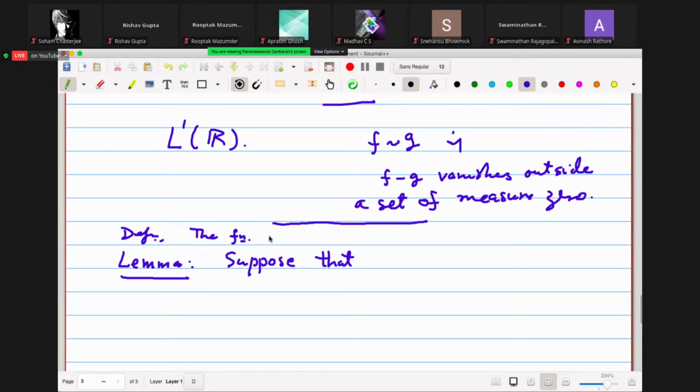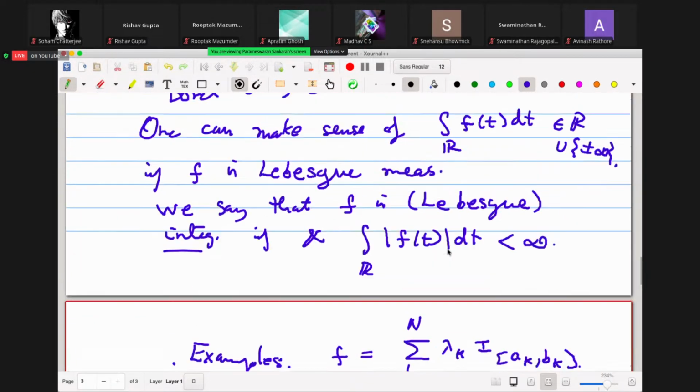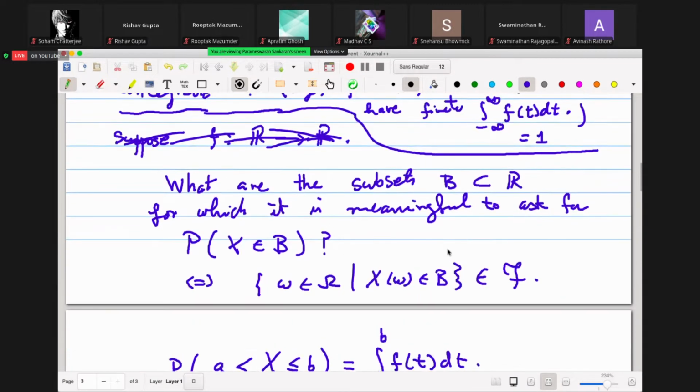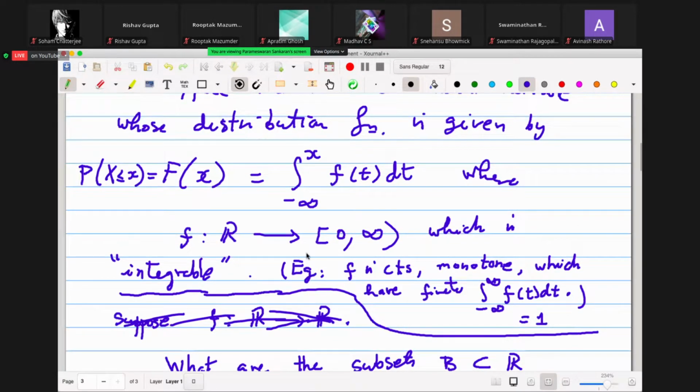The function f of t is called the density of capital X. So this f of t, as in this original definition here, corresponds to this f of t, and f of t is called the density.